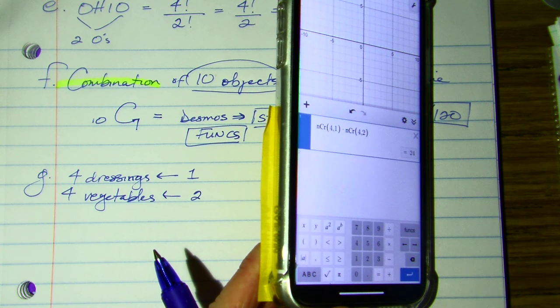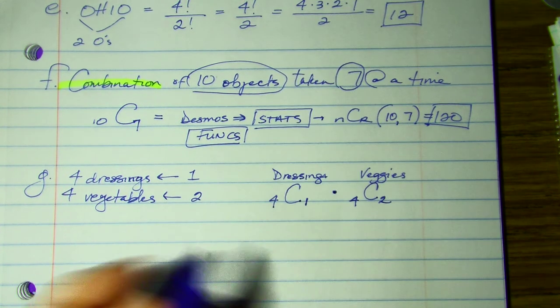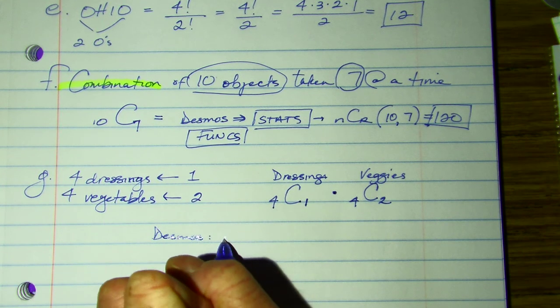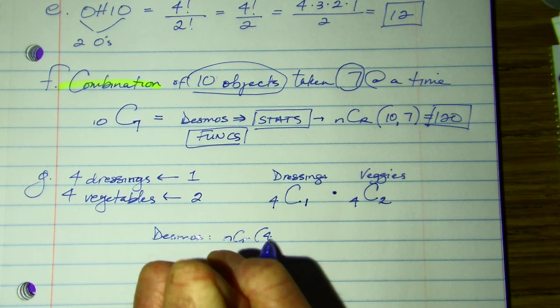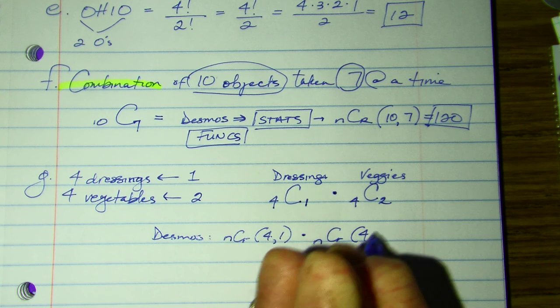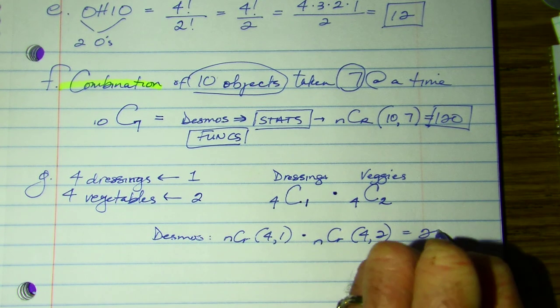So I have 1 times the other, and I get 24. So in Desmos, I entered NCR 4, 1 times NCR 4, 2, and I have 24 choices of salad.